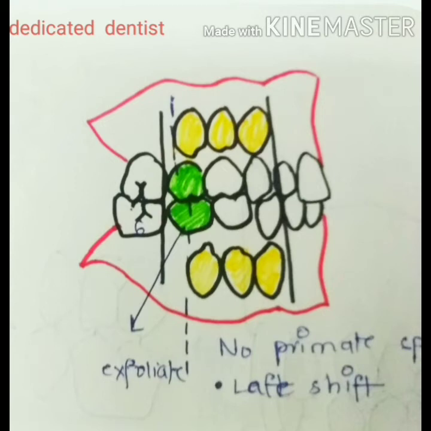You see this permanent first molar has erupted, right? So there is no primate space for it to use its eruptive forces and push the teeth anteriorly. So it waits for the deciduous second molar to exfoliate. Now when this deciduous second molar exfoliates, it moves anteriorly, right? And thus it achieves a class 1 relationship.